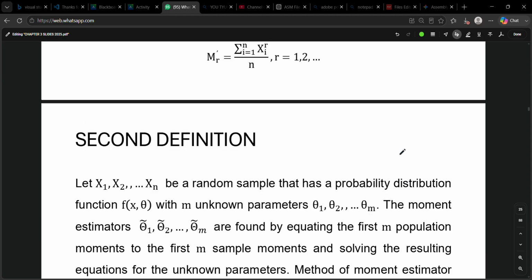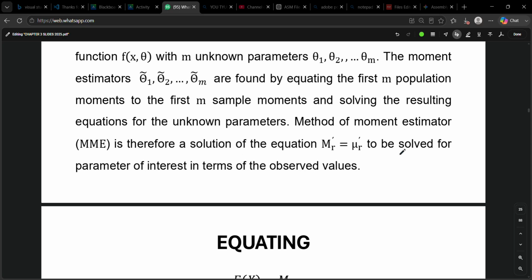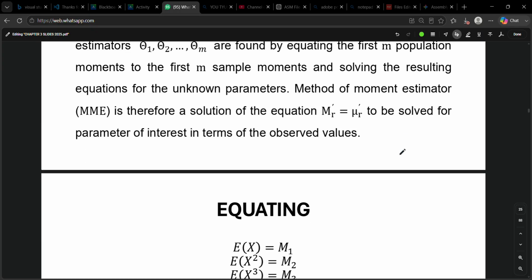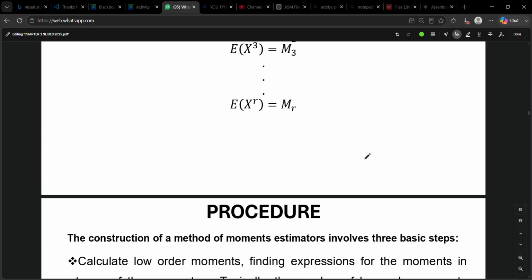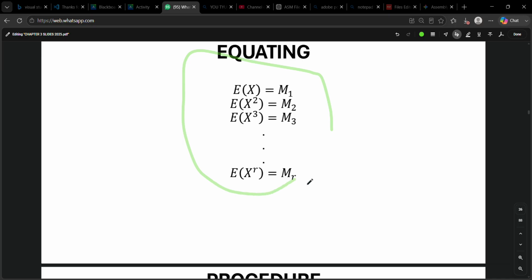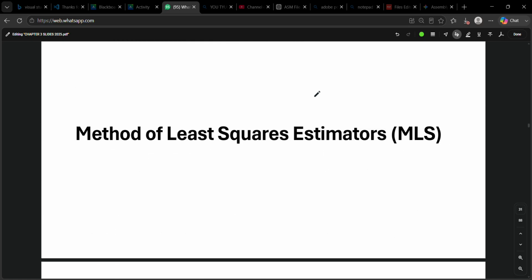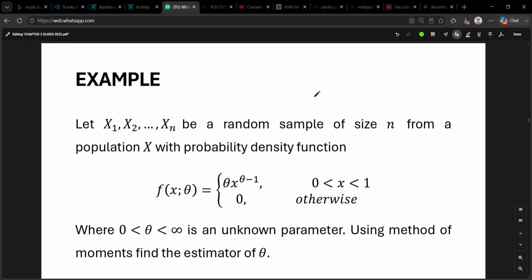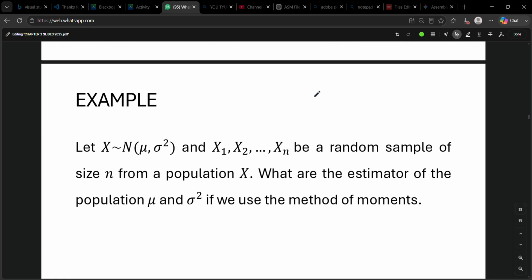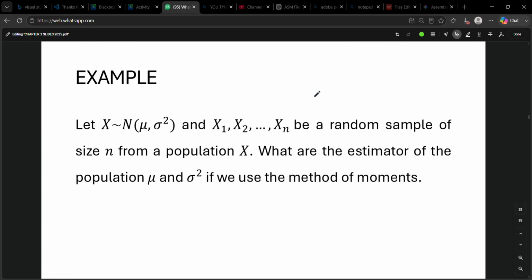And then we have this part. This is the method of moments. So you must be able to perform this. They say let x be normally distributed with that.